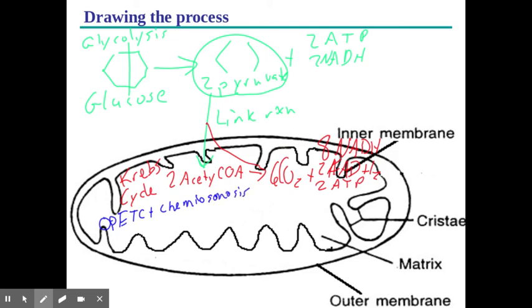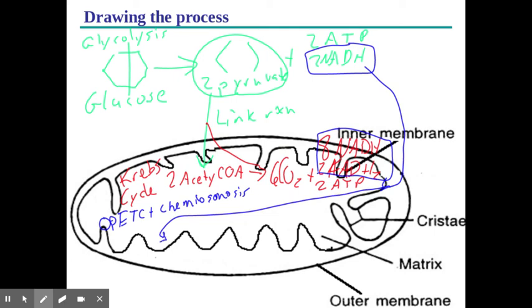Okay, so what do we use? If you remember what goes into this process, we use NADH and FADH2. So those two are going to go in. They're going to drop off their electrons. So how many of those did we start with? We started with 10 NADH and 2 FADH2.